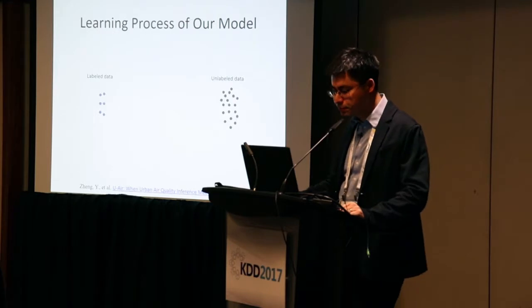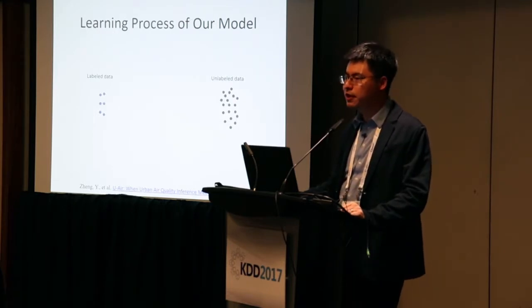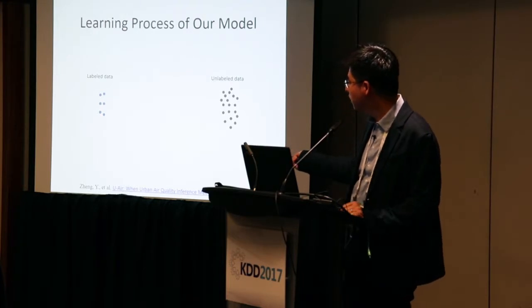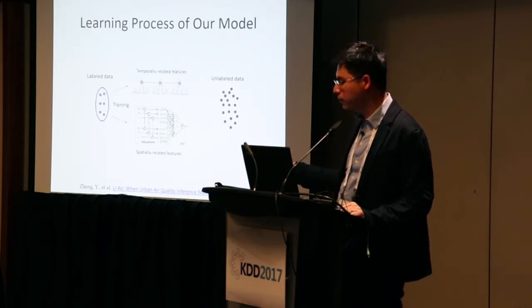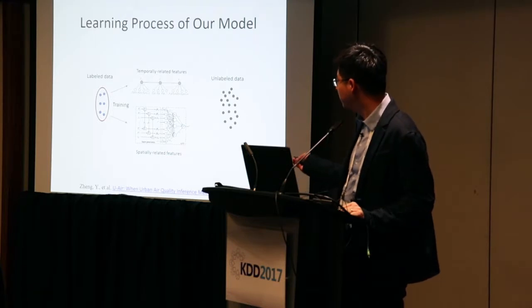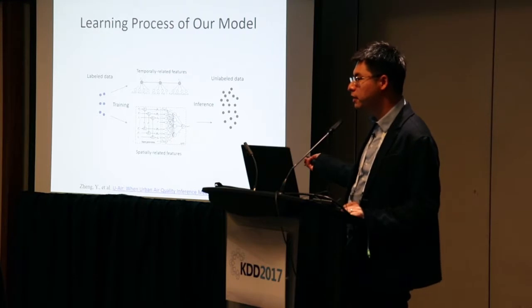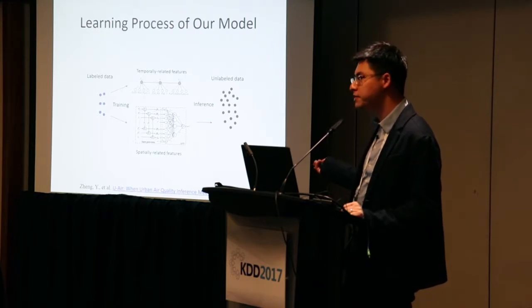So in the prediction, we have a very limited labeled data represented by blue points. We use the limited labeled data to train the two classifiers. Then we use the classifier to infer the unlabeled data. If some instance can be confidently inferred, we can bring the instance back to the training data.